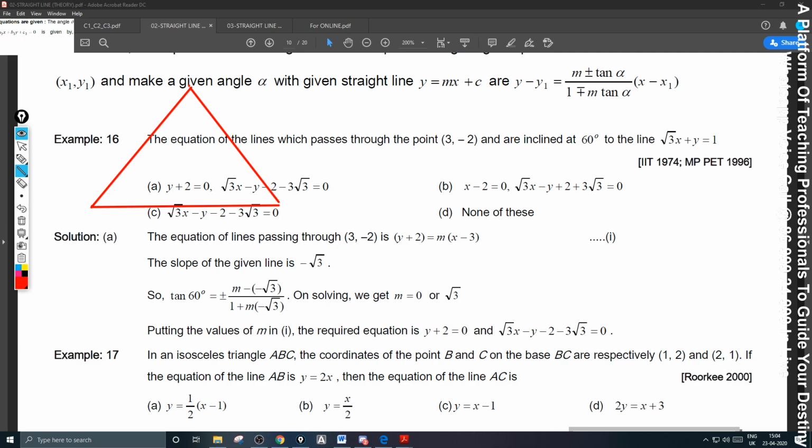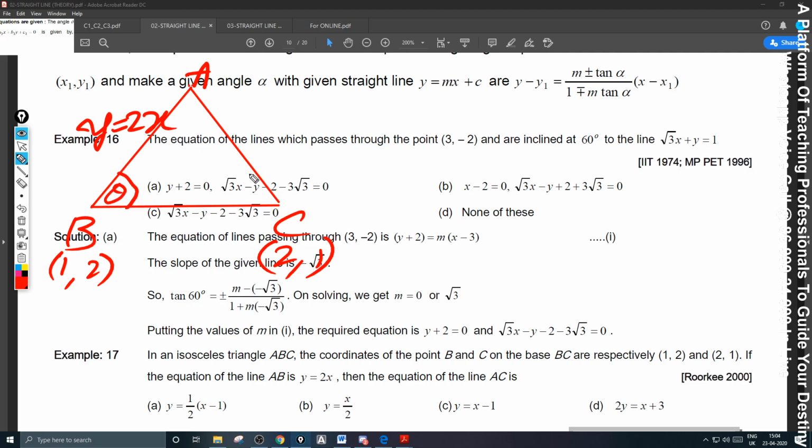Now this is A, this is B, this is C. This is the line equation given, y = 2x. B is given to be (1, 2). C is given to be (2, 1). This is a slope. And because it is an isosceles triangle, whatever angle theta you have here, the same angle theta you will have here also.